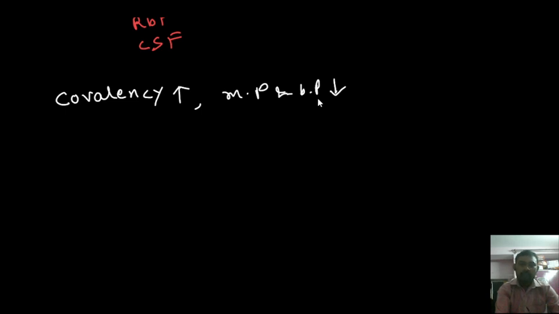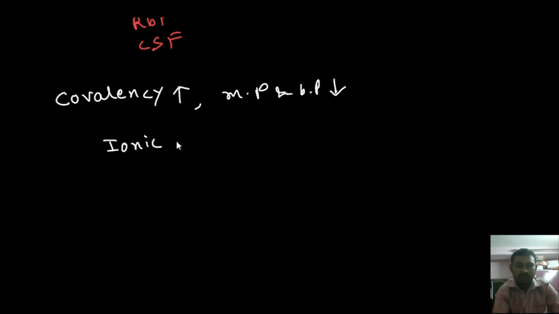So in reality no bond is purely 100% ionic or 100% covalent. When an ionic compound forms, the cation and anions are attracted or bonded by Coulombic or electrostatic interaction, and these interactions are the strongest interactions.